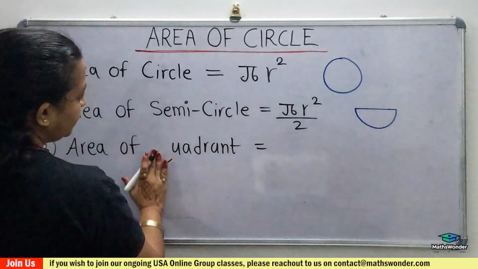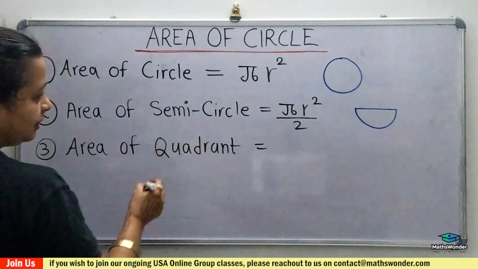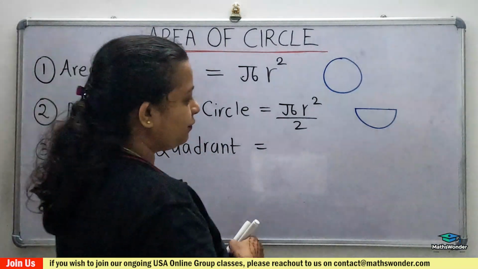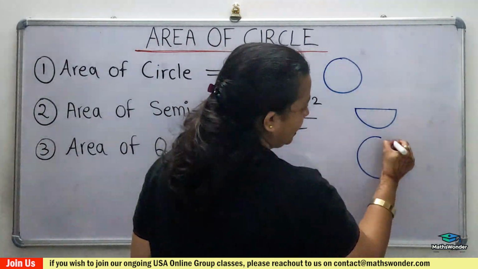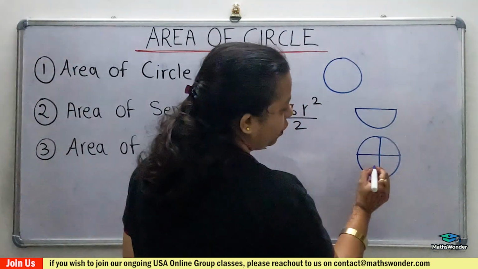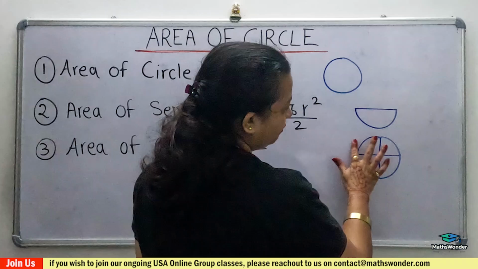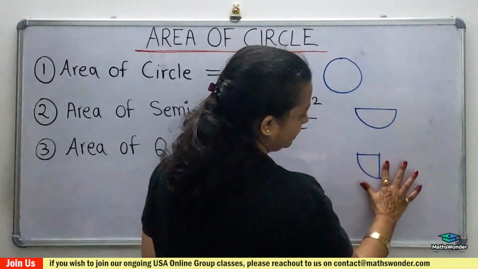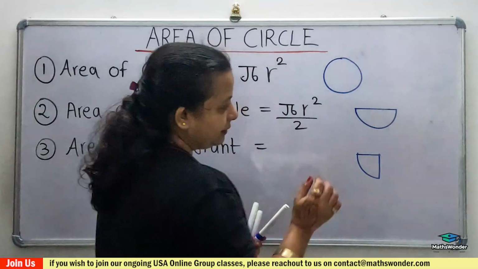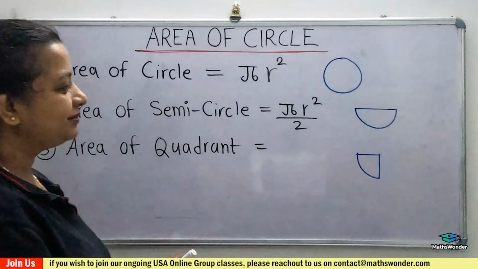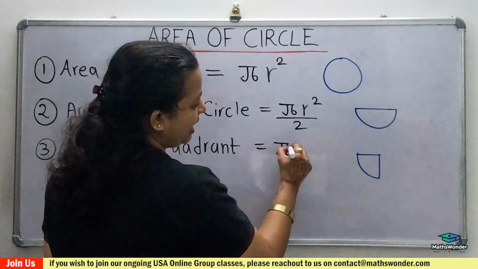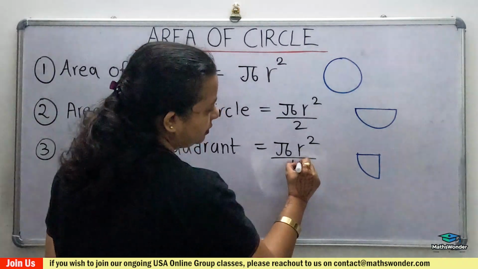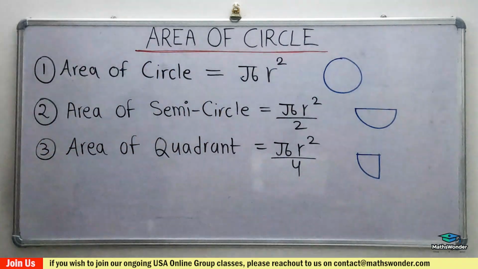What is quadrant? I forgot. I don't know quadrant. Really, you forgot? See, this is the circle. Quadrant means 1/4. So pi r square over 4, because we have divided.